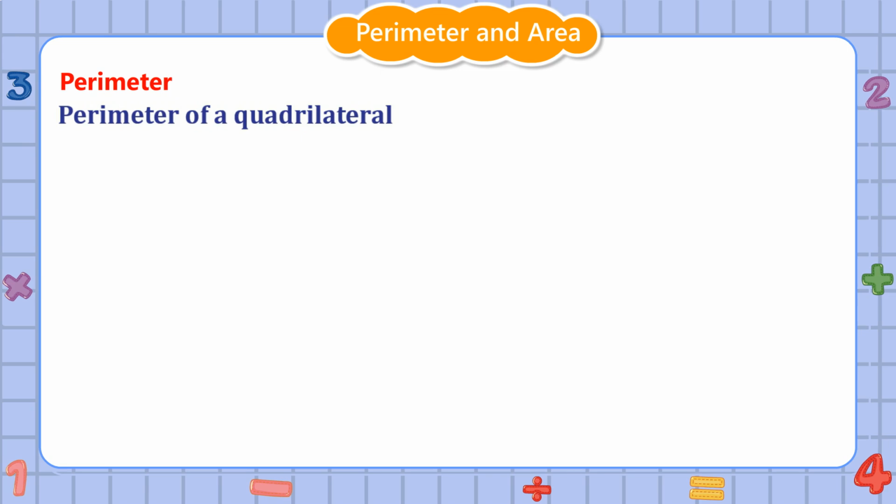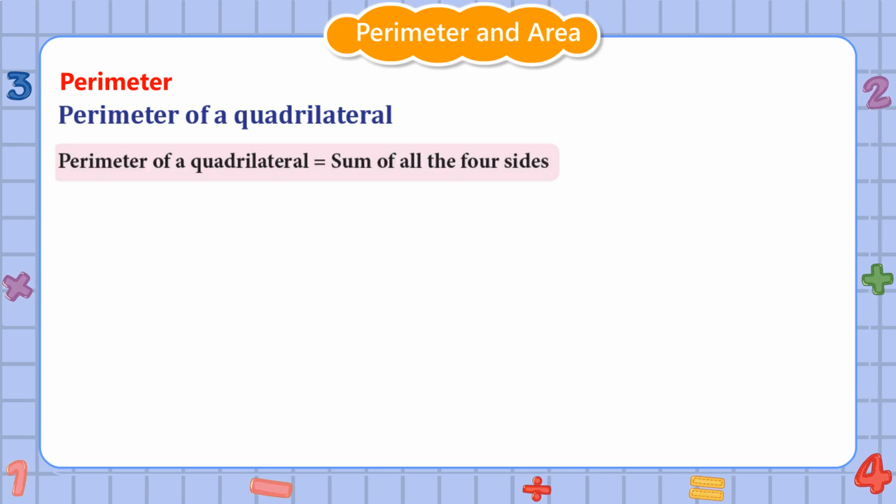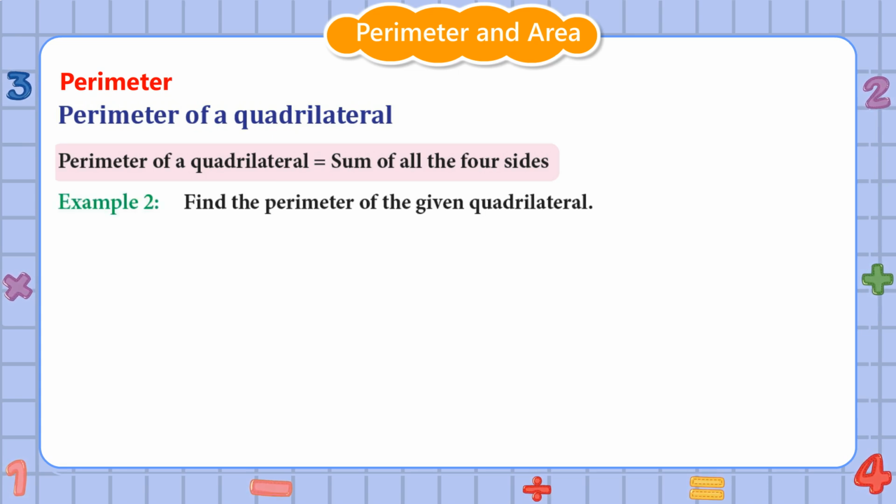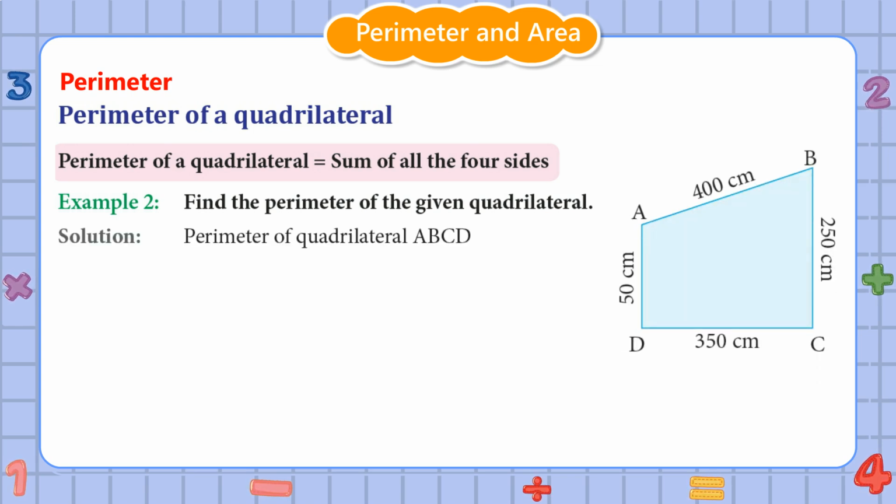Perimeter of a quadrilateral. Perimeter of a quadrilateral is equal to the sum of all the four sides. Example 2. Find the perimeter of the given quadrilateral. Solution. Perimeter of quadrilateral ABCD is equal to AB plus BC plus CD plus AD.